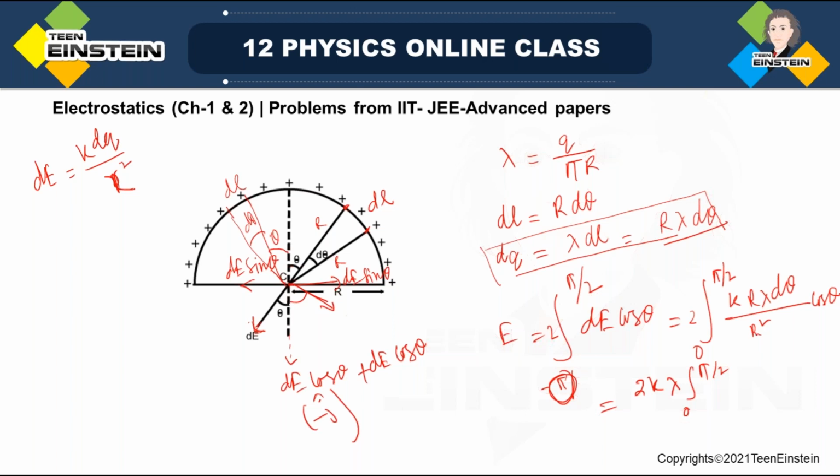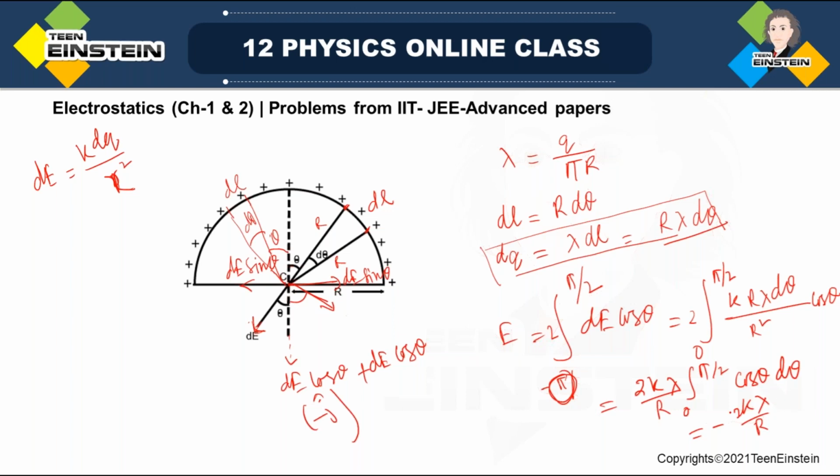Now this will be d theta by r, so that r is also constant, and the integration will be just cos theta d theta. So what is cos theta d theta? This will be sin theta, so 2k lambda by r times sin theta, and theta is pi by 2, so this will be 1.